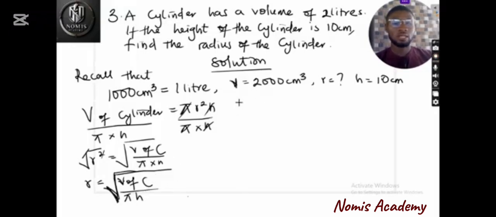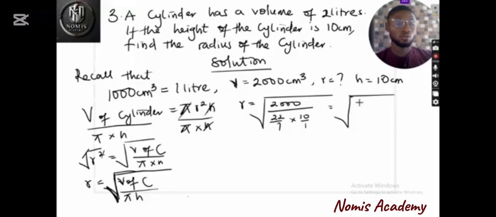Now I can tell that the radius of the cylinder is equal to the square root of 2000 all over 22/7 multiplied by the height, which is 10 centimeter, right? So this is equal to the square root of 2000 all over 220 divided by 7.